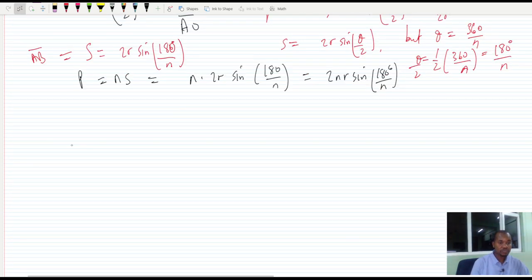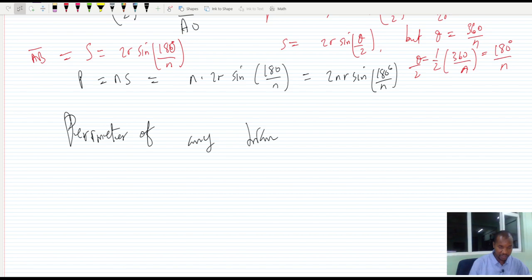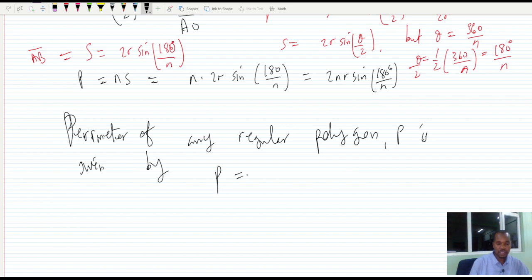So to conclude, the perimeter of any regular polygon, P, is given by P equals 2nR sine of 180 degrees divided by n, and that is the formula we are going to use, dear students.